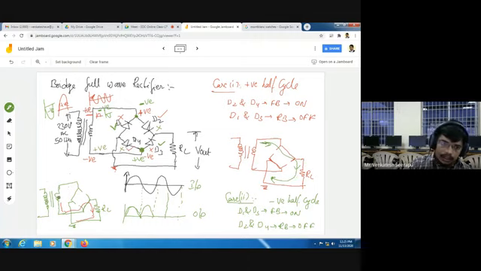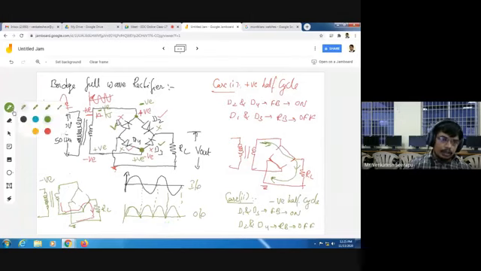Whereas in case of a negative half cycle also, the current flows through the load resistance in the same direction as for the positive half cycle. That's why again I am getting a positive half cycle here. Similarly, when I am applying a negative half cycle, again I will get a waveform like this.